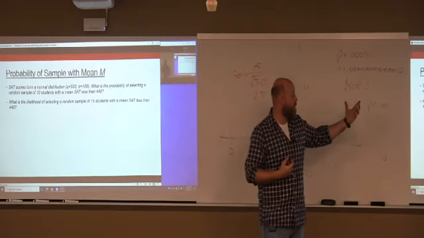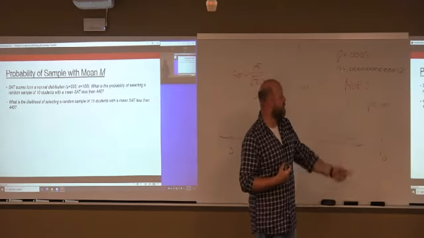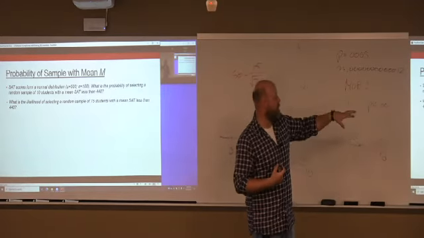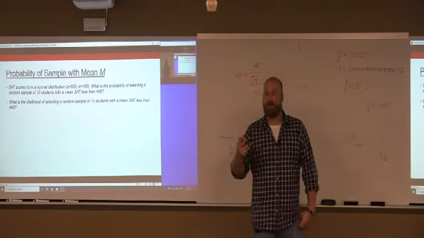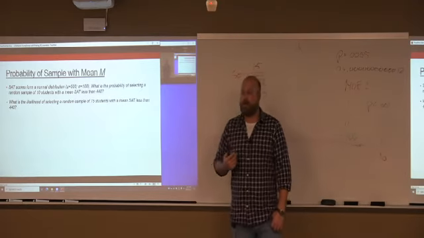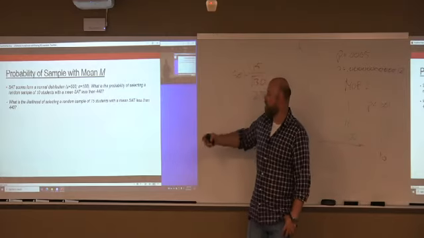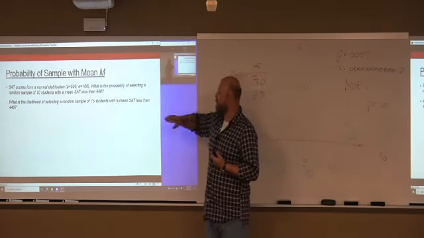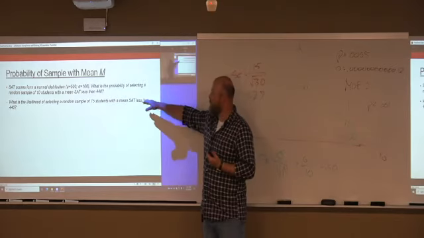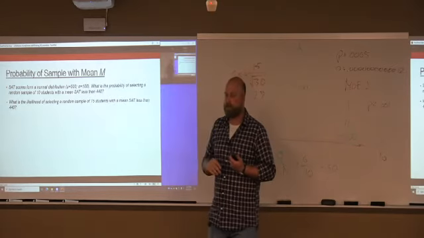We could also ask, what's the likelihood of selecting a random sample of 75 students with a mean less than 440? Under these two scenarios, which one is going to be most likely? Am I more likely to get a sample mean less than 440 in the first scenario or the second scenario?